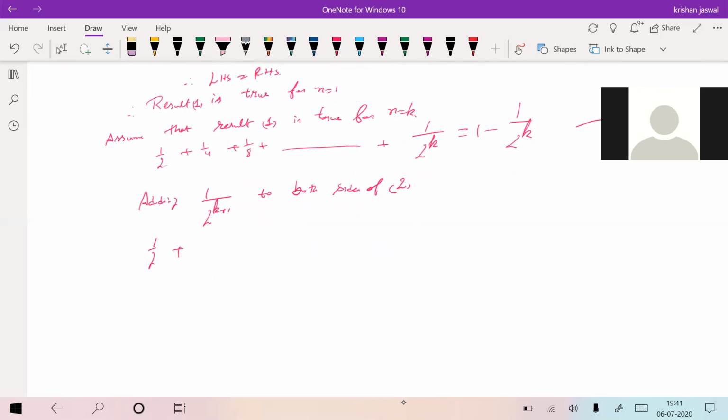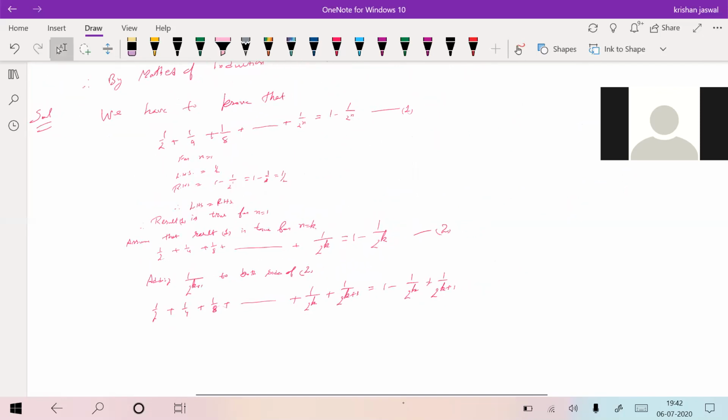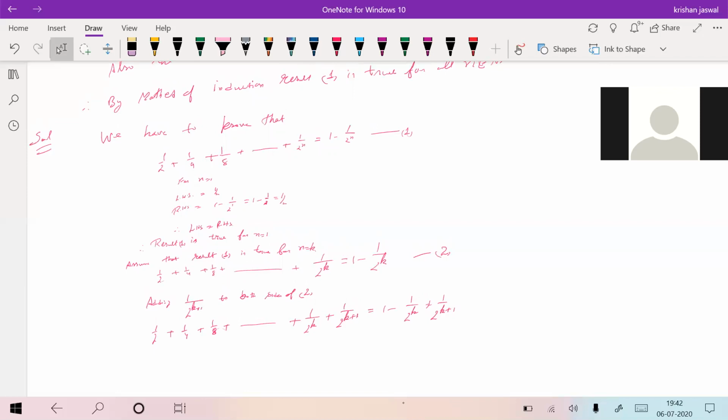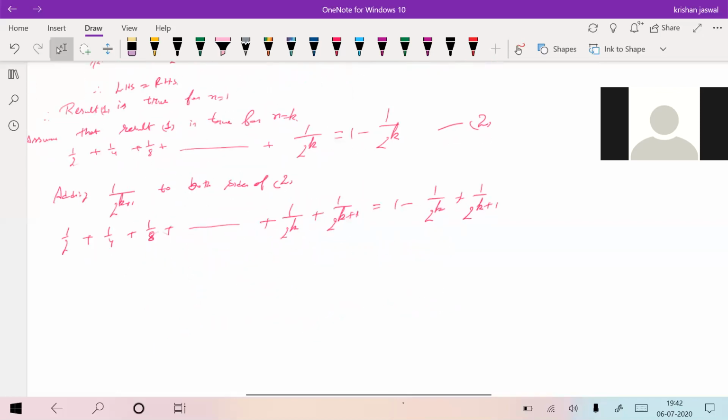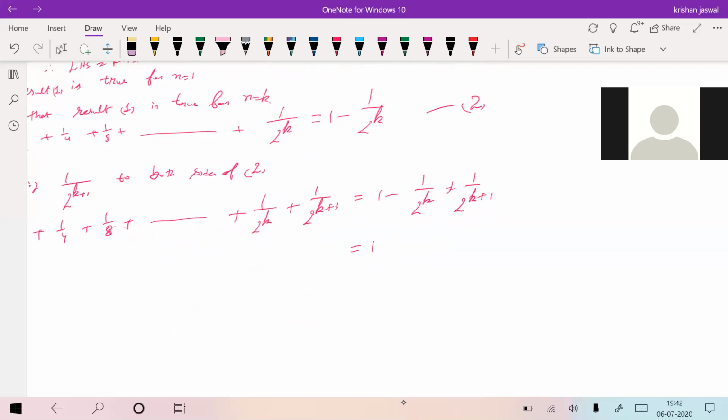Therefore 1 over 2 plus 1 over 4 plus 1 over 8 plus so on plus 1 over 2 power k plus 1 over 2 power k plus 1 is equal to 1 minus 1 over 2 power k plus 1 over 2 power k plus 1.